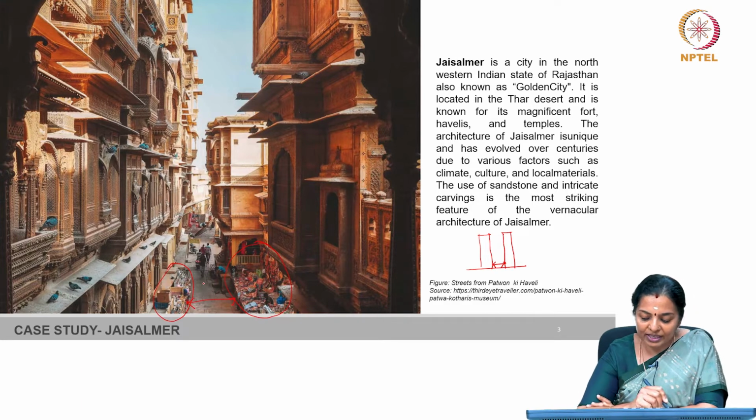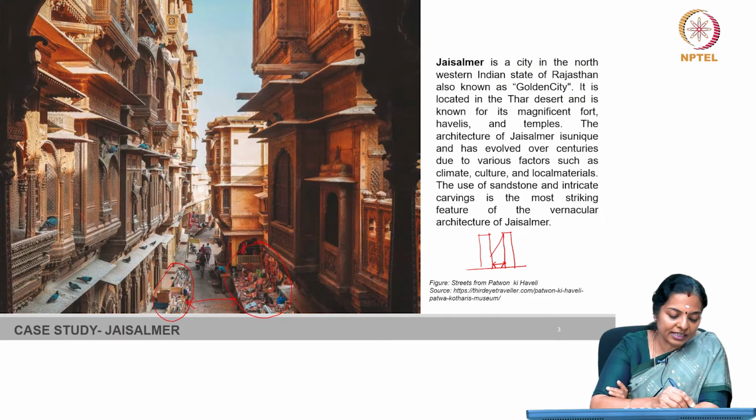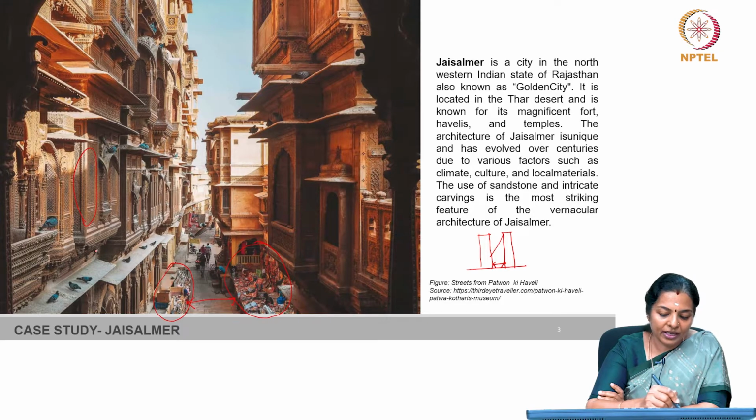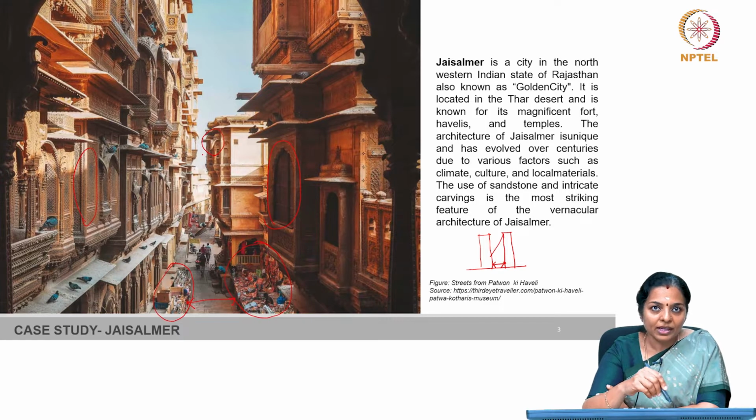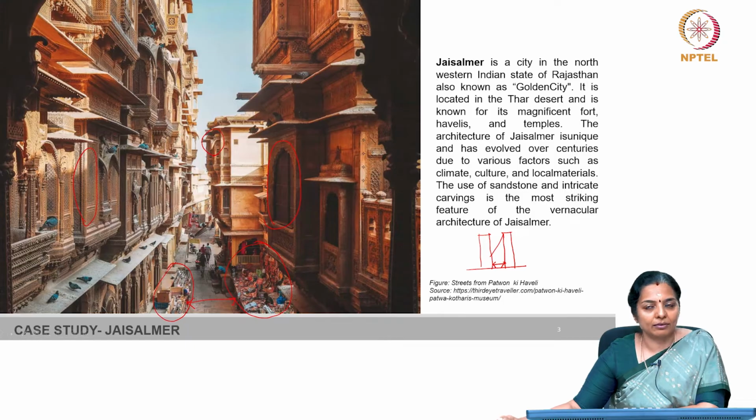The streets are very narrow and therefore, the streets are primarily shaded most of the times of the day. And you can also see the intricate jali work everywhere and intricate carvings and jali work. You can see the carvings here. And this makes the architecture of Jaisalmer very unique.